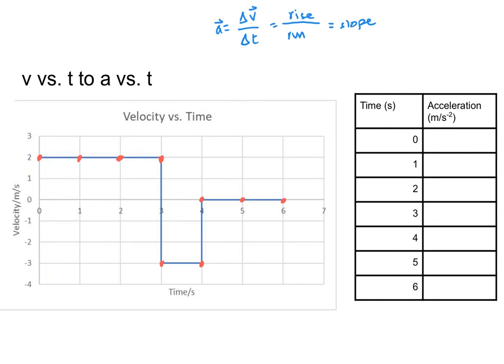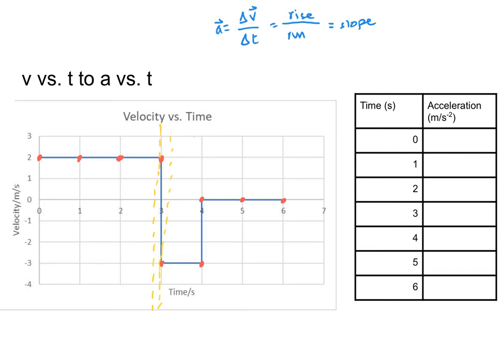Now I know if I want to calculate my acceleration, I need to find my slope. Just like I did in my first graph, I'm going to break my graph up into chunks with consistent slope. I have a constant slope from 0 seconds until 3 seconds. 3 seconds is kind of its own section, so I'm going to draw these little dashes so you can see that.